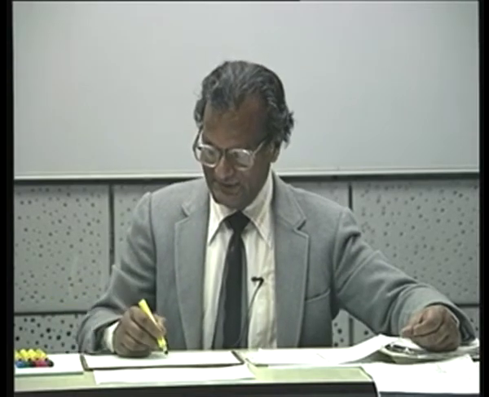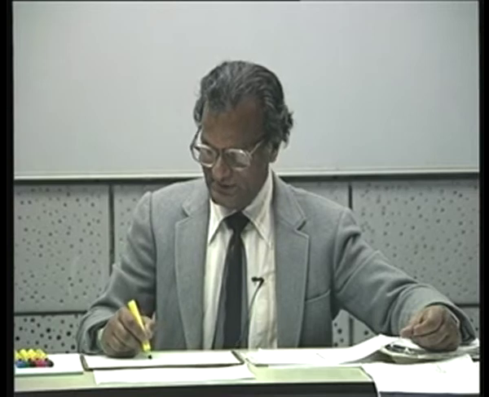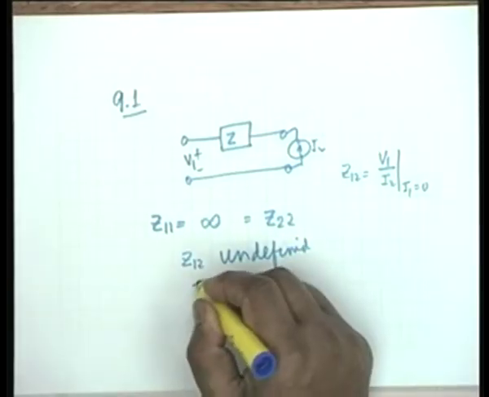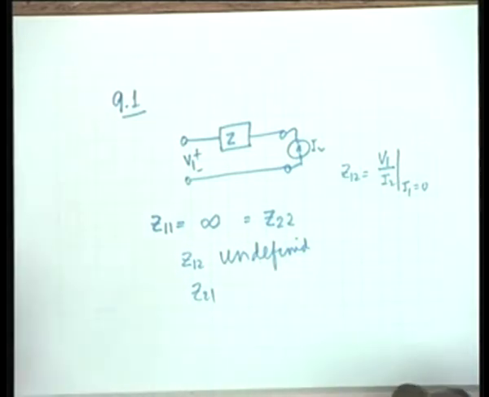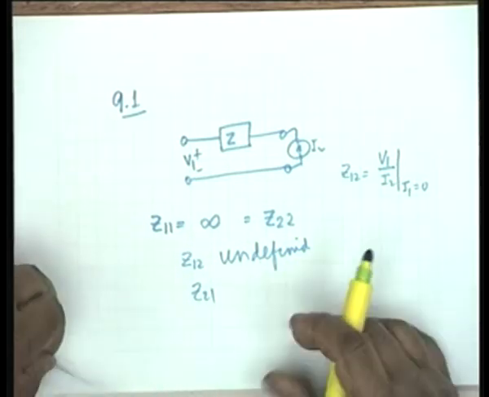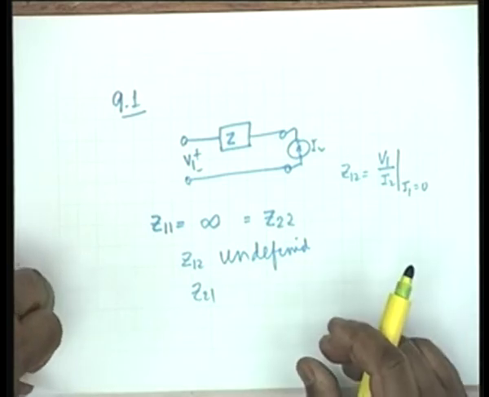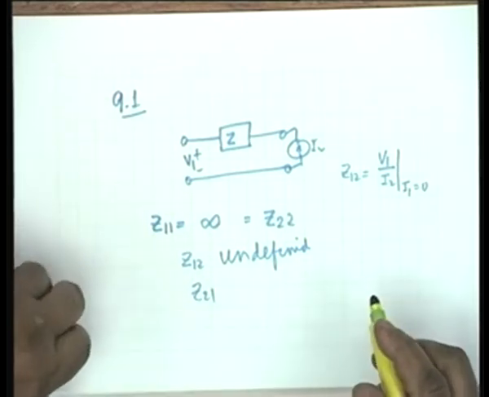Okay, so it is undefined and therefore Z12 is undefined, so is Z21, they are equal, they are reciprocal, and therefore we cannot find out the Z parameters of this. Our conclusion is Z parameters are not defined.